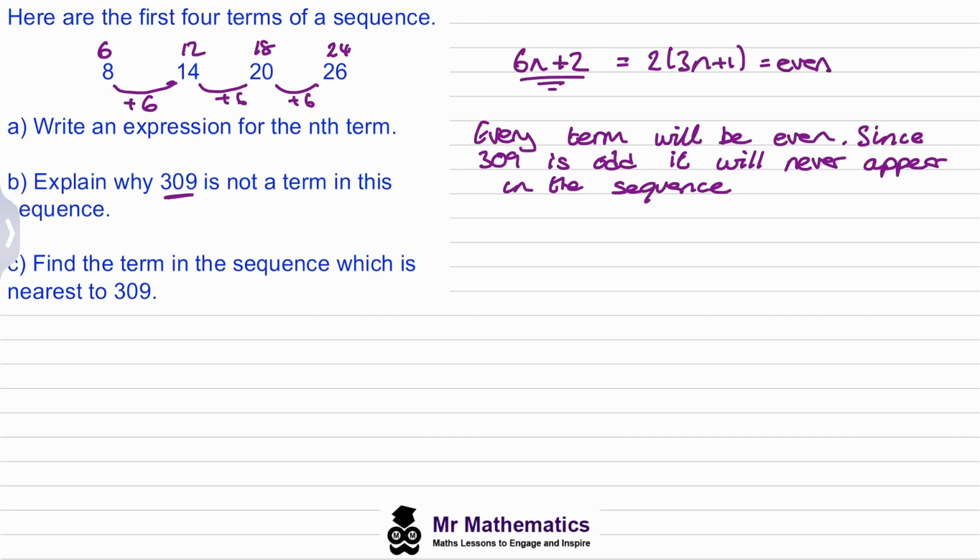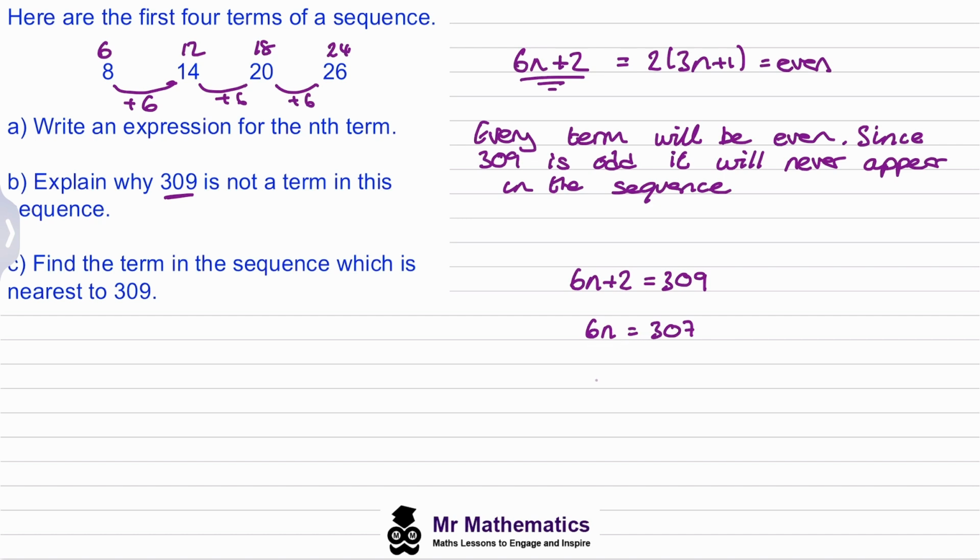Then for part C, find the term in the sequence which is nearest 309. So now we need to set up an equation. We know 6n plus 2 describes our sequence, and let's say this is equal to 309. Then we can solve this equation to find which position is closest to this number. So we'll take away 2 from both sides, so 6n will equal 307.